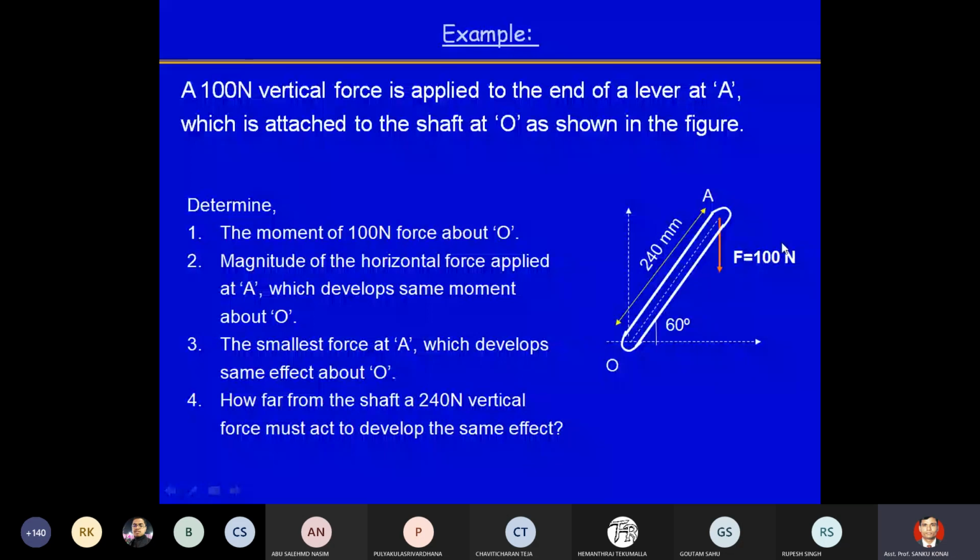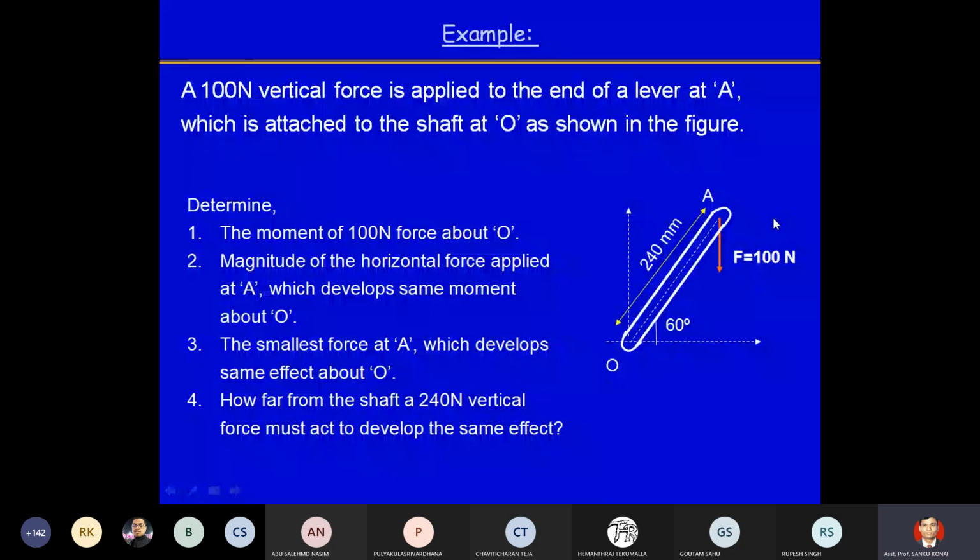The next is the magnitude of the horizontal force applied at A which develops the same moment. So it is asking that you forget about this force, there will be another force applied in the horizontal direction, which will create the same moment.